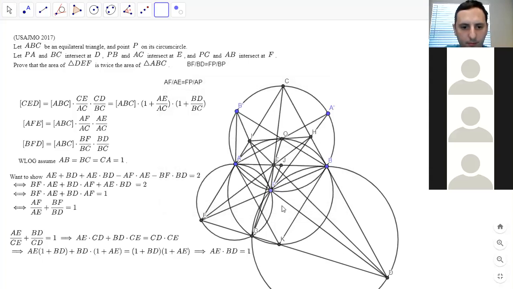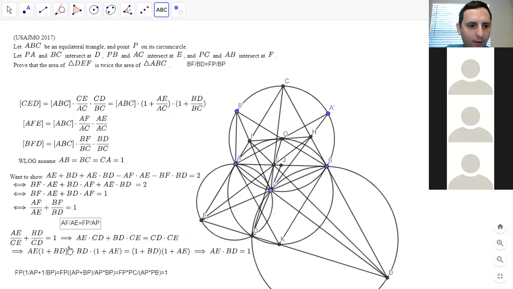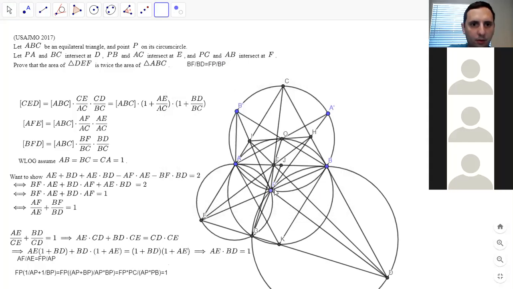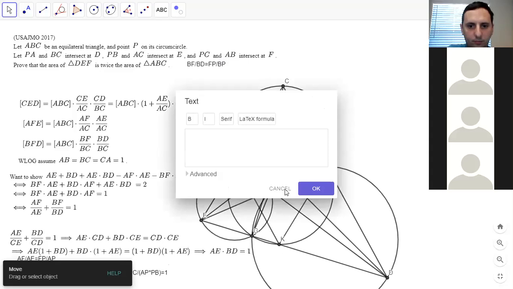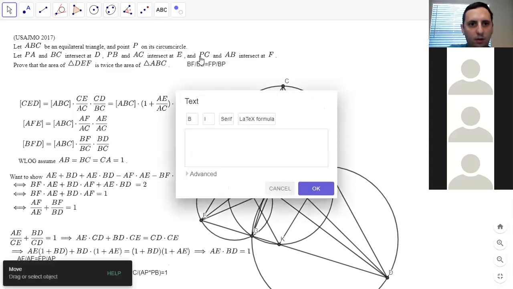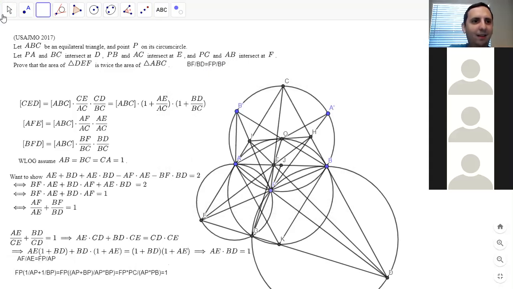Let's think about this. By similar triangles too. Okay, this is interesting. So I'm just going to write in the very beginning, by Ptolemy. She is making it very hard for me to move this.